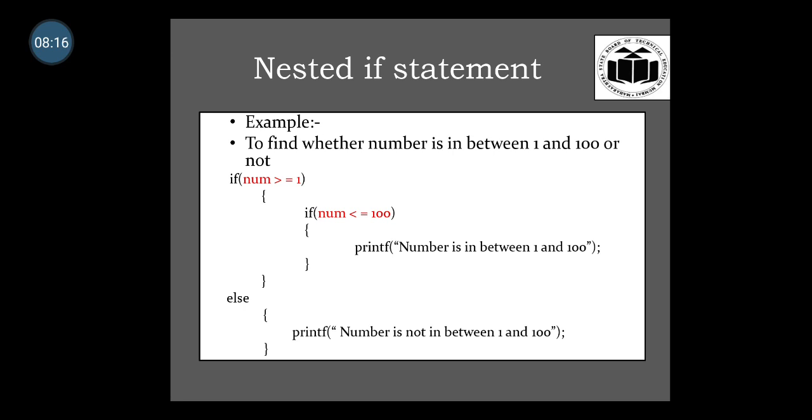Then only that printf gets executed, that means the printf says number is in between 1 and 100. Otherwise, if number 1 is not greater than or equal to 1, then directly the else part gets executed: number is not in between 1 and 100.